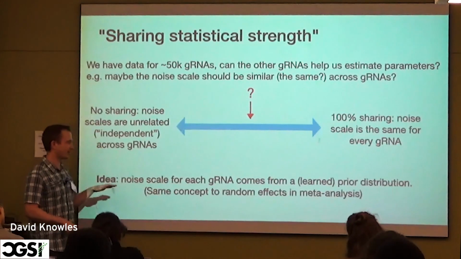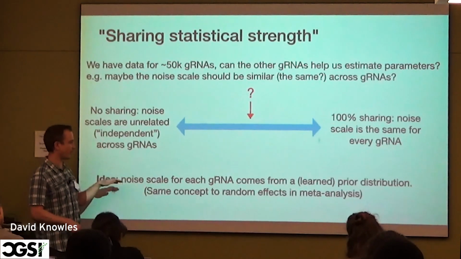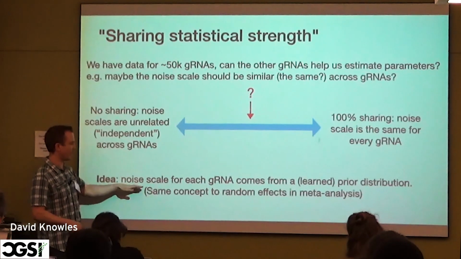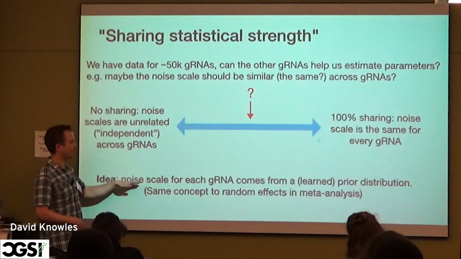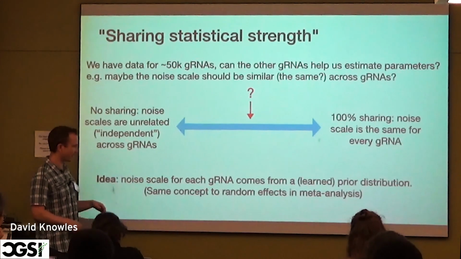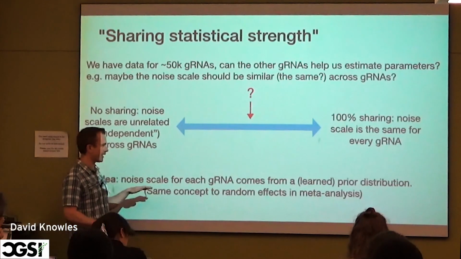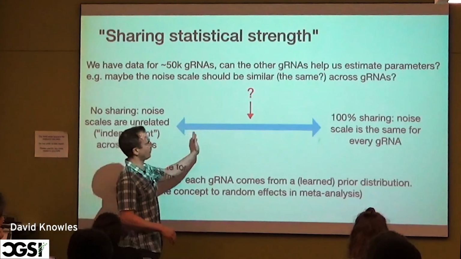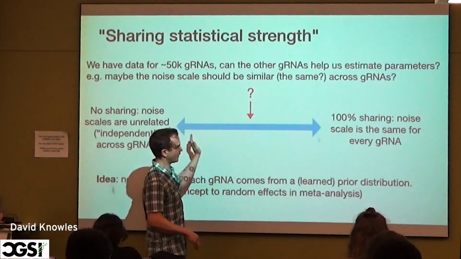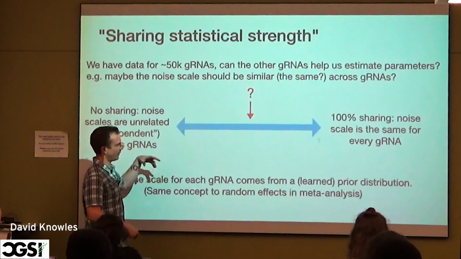But a nice intermediate is to learn a prior distribution on these parameters, like the noise scale, that are present in each of the guide RNA sub-data sets. The advantage of this is the model can choose where on the spectrum we should be.